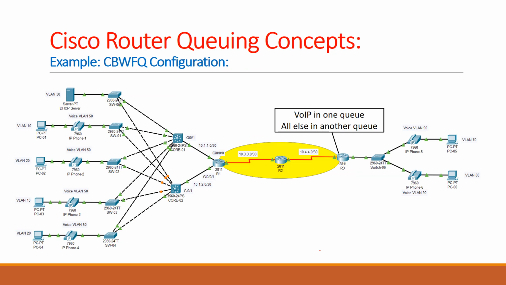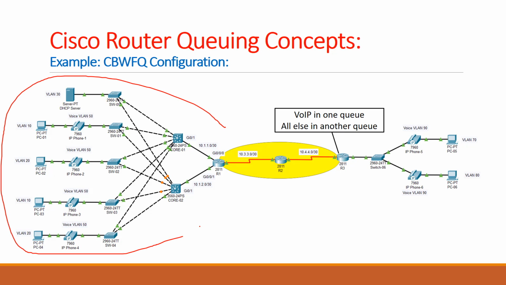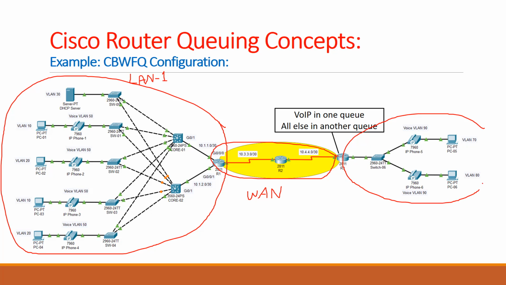So let's give an example for configuring class-based weighted fair queuing on this scenario. We have here a network, a LAN, we call it LAN 1, and we have here something like a WAN, and we have here another LAN, or LAN 2.